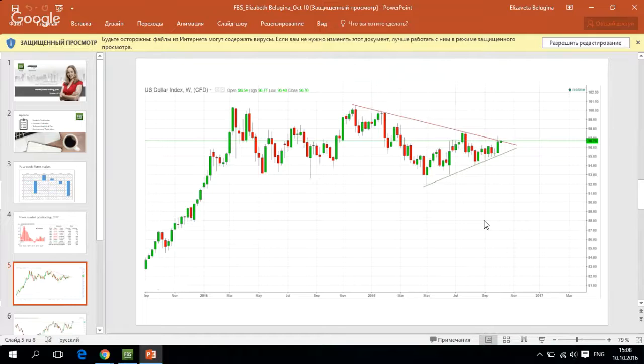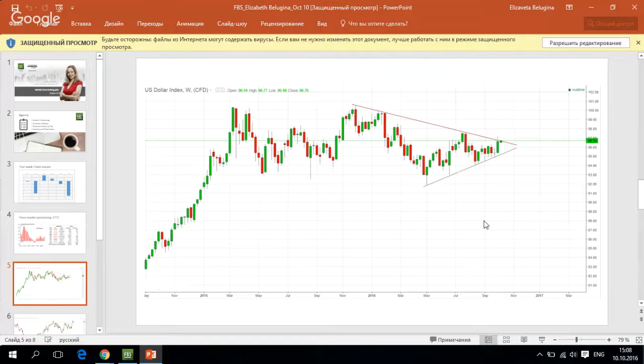If it manages to show us a weekly close above, let's say, 96.70 and better above the 97 mark, then we'll get a positive signal, and the next targets for the American dollar will lie around 98 and probably higher at the highs of 2015 around 100 points. For now, we can't say that the US dollar has chosen this bullish path.